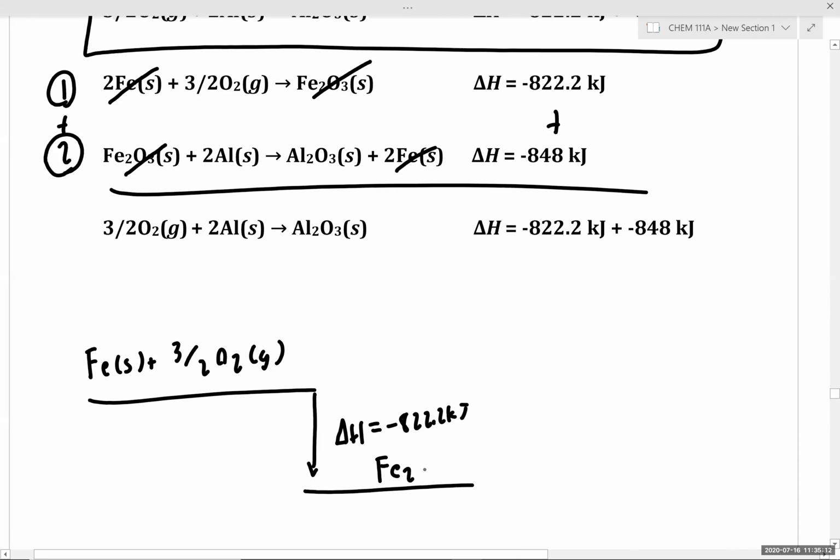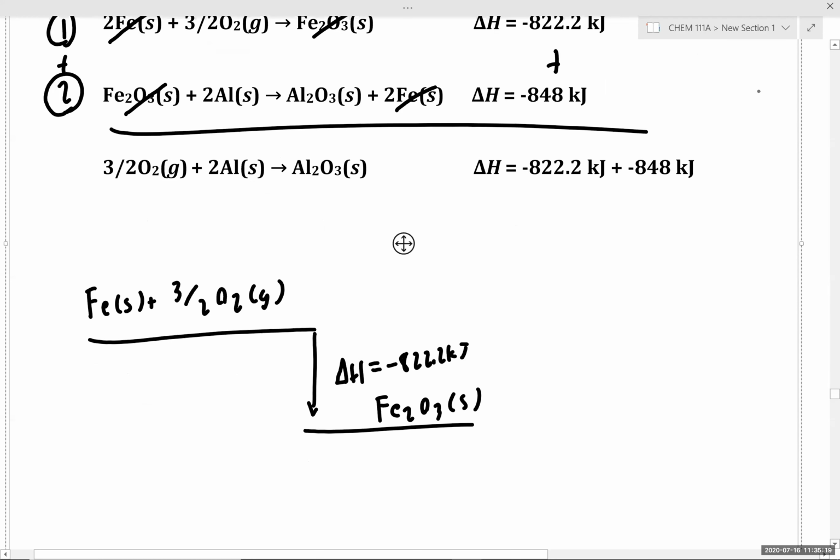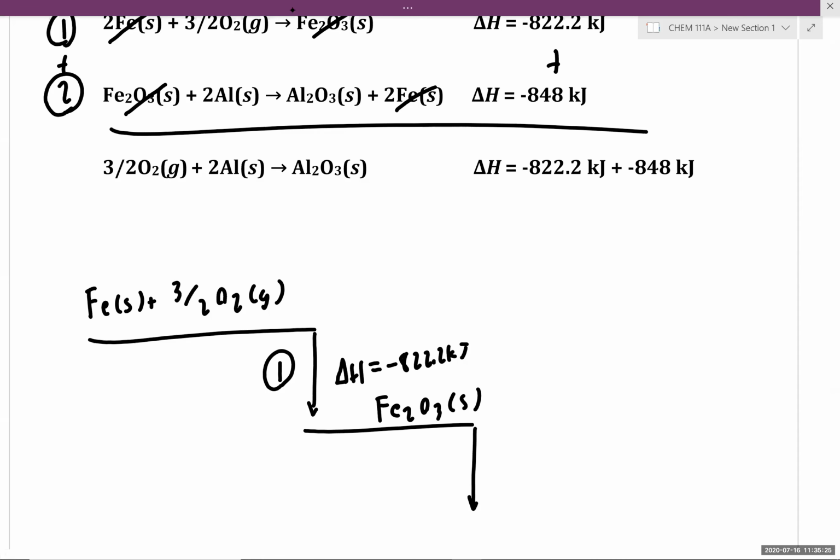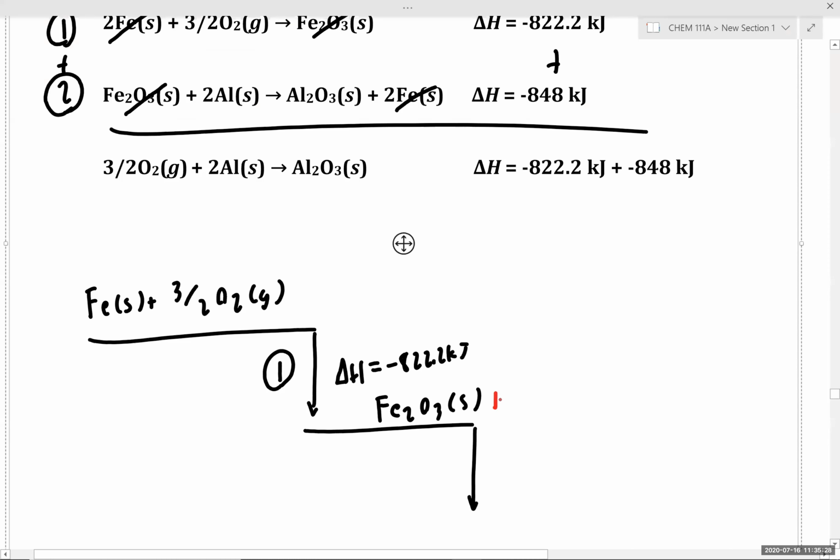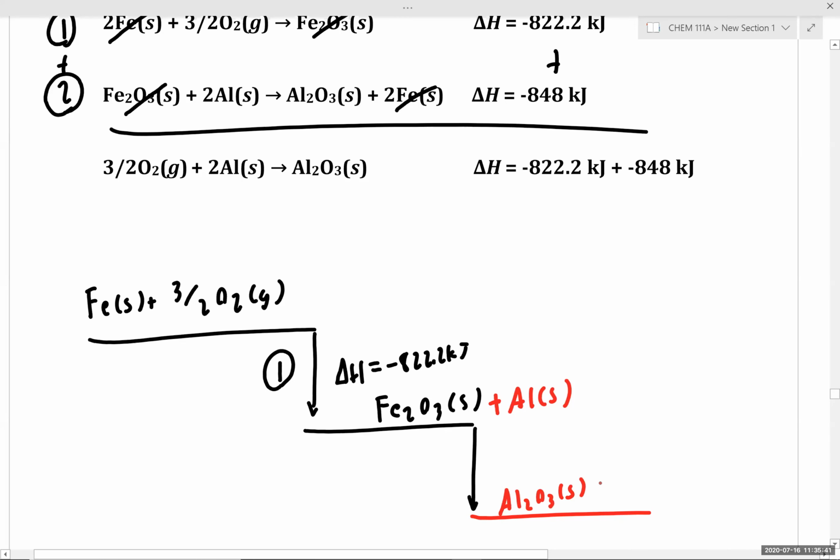So this is our first step. We made iron oxide. And in our second step, we've taken our iron oxide and reacted it with aluminum solid to generate aluminum oxide and iron solid.